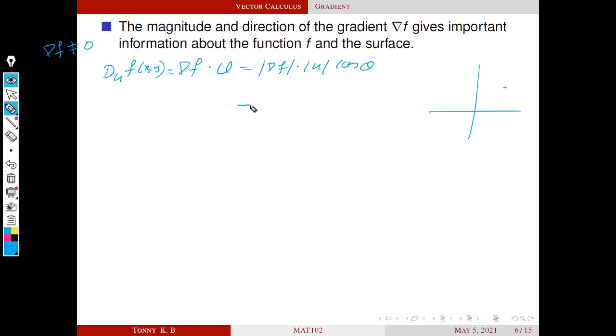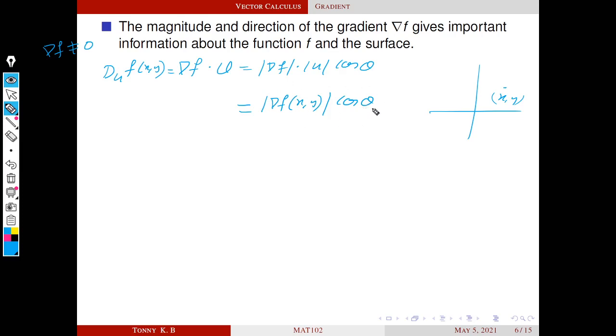So again, we can write this as mod del f, with a normal multiplication, not a dot product, into cos theta. If we fix a point x, y somewhere, then mod del f is already fixed, and the value of this product depends only on theta.